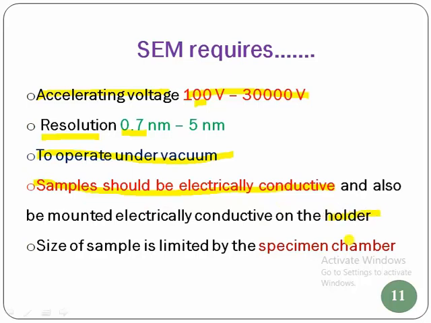Whatever sample holder is used should be made of electrically conductive materials. And the next is that the size of the sample is limited by the specimen chamber, so you have to choose the sample as per the size of the sample holder. So these are some basic and very important requirements of the scanning electron microscope.